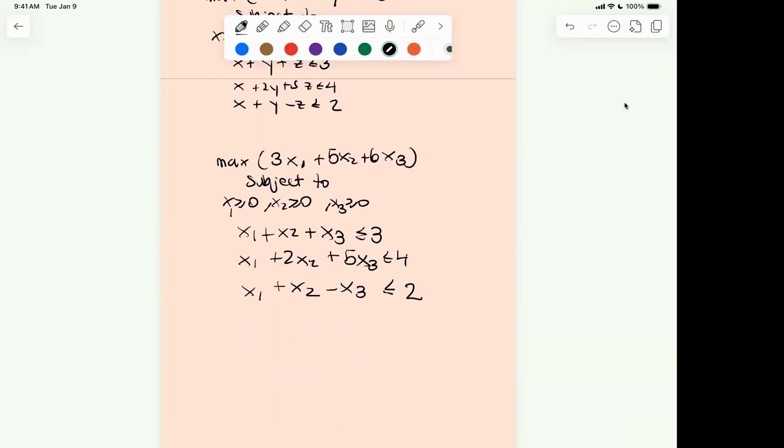And then I want to rewrite this without inequality. So I pick up the slack. For each of them, I introduce a variable, x4, x5, x6.